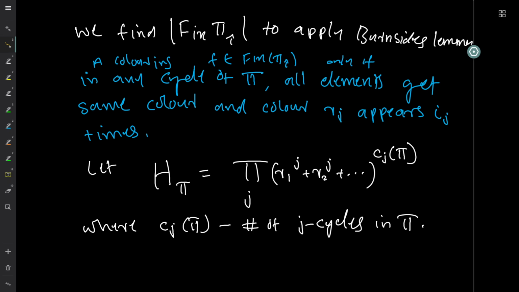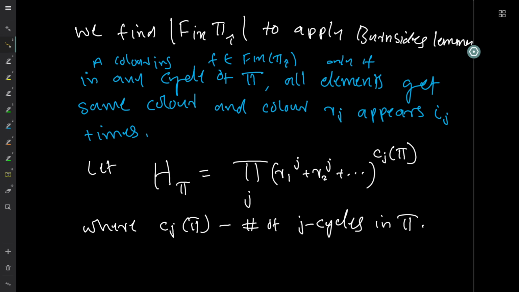Now the product of these terms will be some monomial, something like r1 raised to j1, r2 raised to j2, etc., where we have used the color rk a number of jk times. So this corresponds to whatever monomial we are looking at. Now it follows that the coefficient of this term that we are looking at, r1 raised to j1, r2 raised to j2, etc., is equal to the number of elements fixed by the permutation pi, the action of pi on I cap.